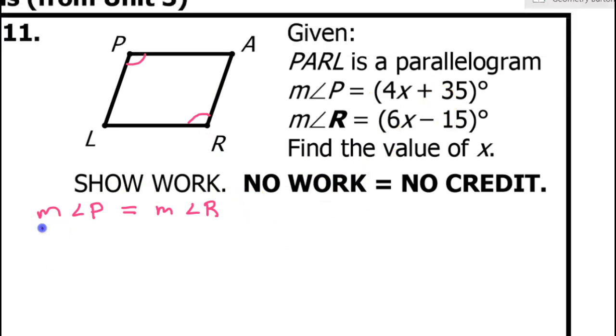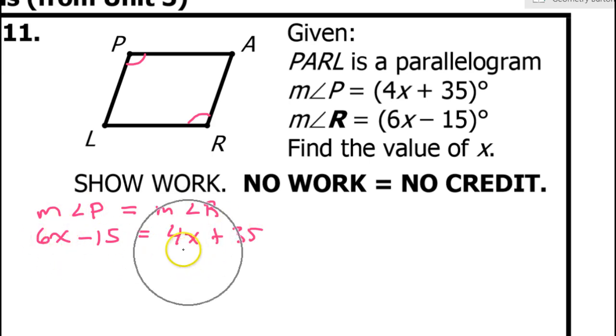So I'm going to write 6x minus 15 is equal to 4x plus 35. I know I kind of swapped these. This one goes with R, this one goes with P. I try to put the bigger x value on the left to keep the numbers positive.